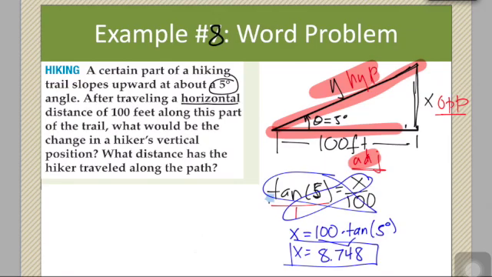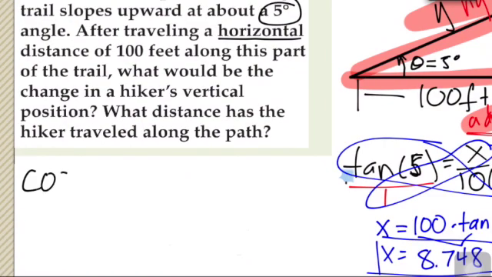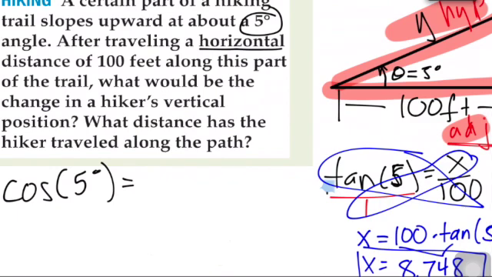So a and y. So what is that going to be? That's going to have to be the cosine, right? So I'm going to create the cosine of 5 degrees is equal to the adjacent side, which is 100, over the hypotenuse, which is my variable y.